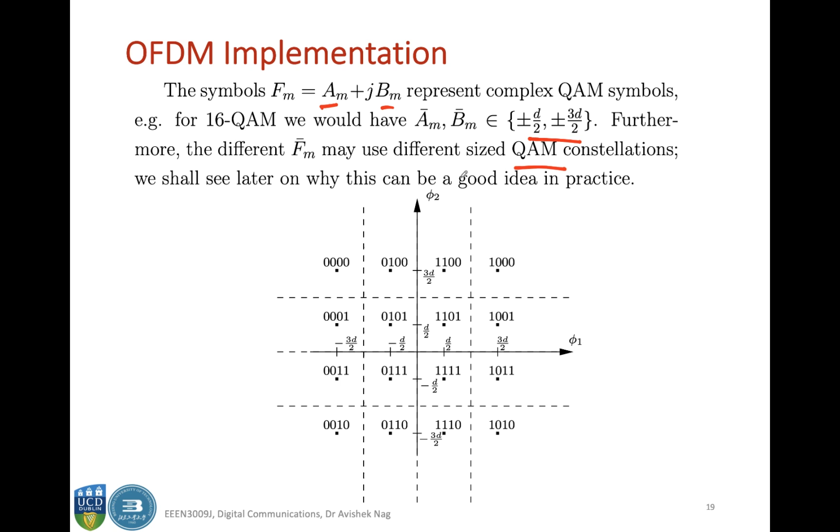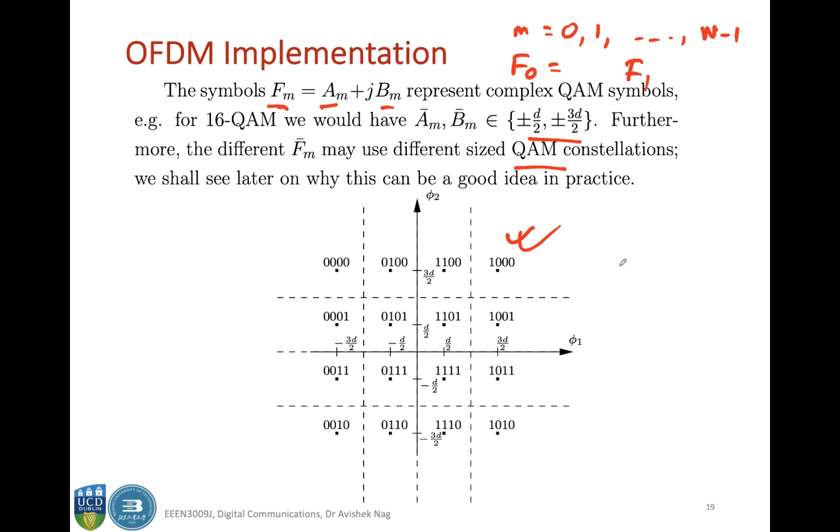Let's say this small m varies between 0 to N minus 1. So for m equal to 0, F0 can be from this QAM, which is a 16 QAM. F1 can be from another QAM, not necessarily this one. So all these individual subcarriers can come from a different QAM constellation.